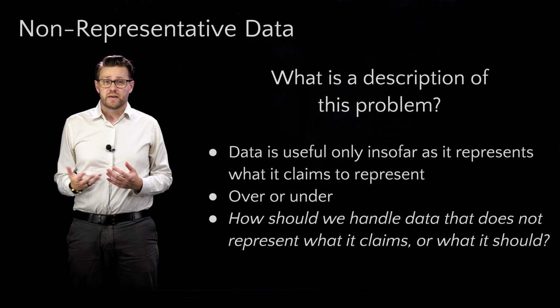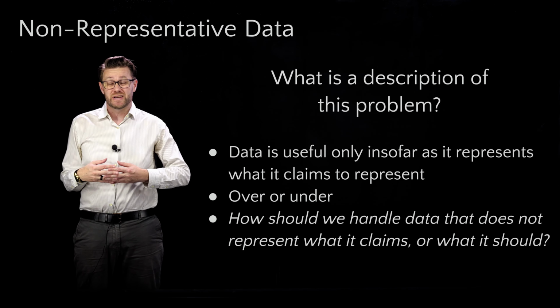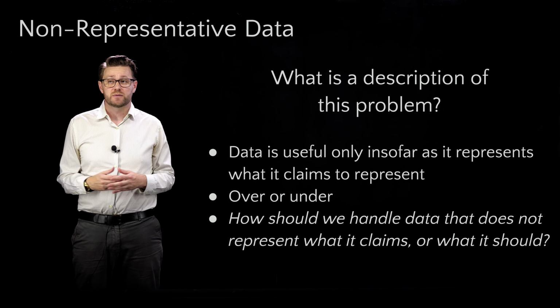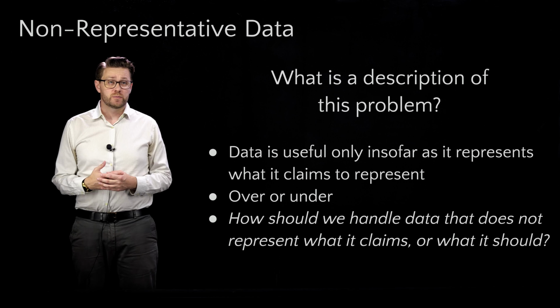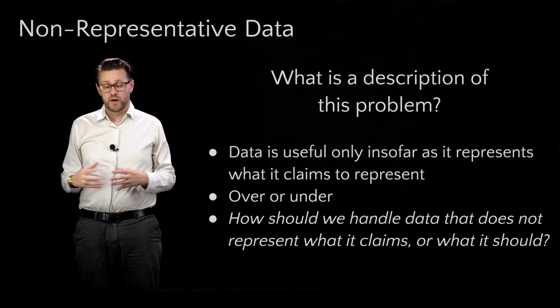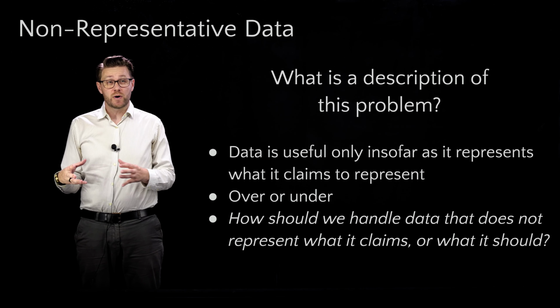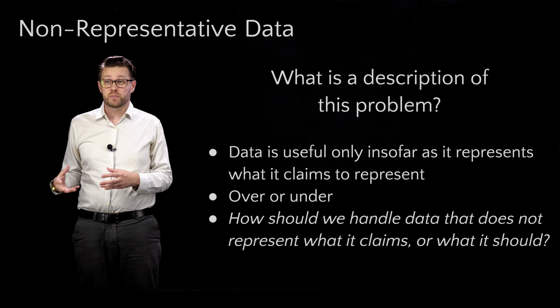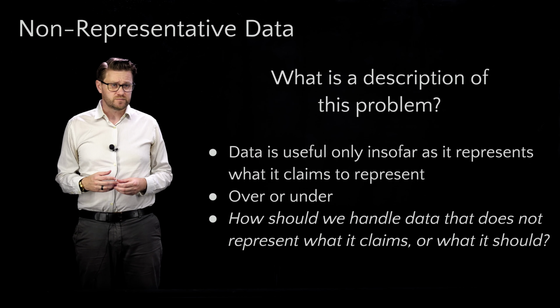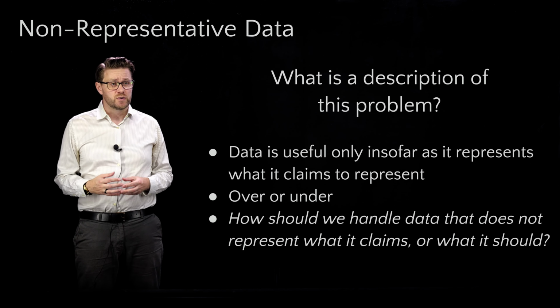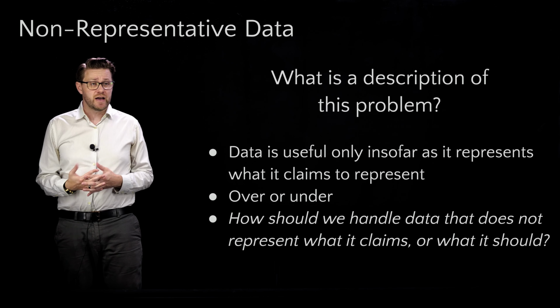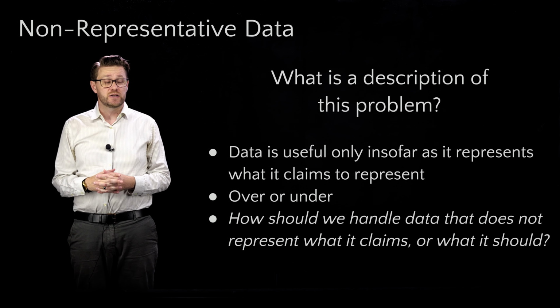Well, data is only useful insofar as it represents what it claims to represent. So depending on the situation, someone or some group could be overrepresented in a data set or underrepresented. Those are both possibilities and both potential problems. Of course, this is a story about the haves and the have-nots, as it often is.